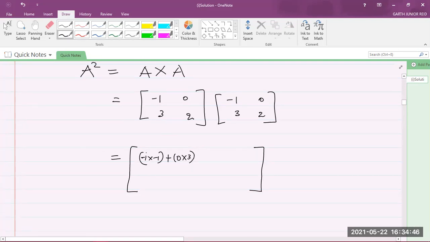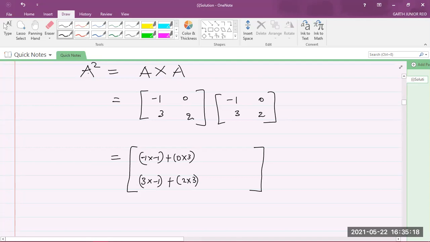All right, good. Now I'm going to multiply the second row by the first column. All right, which means that my entry will be right here. So just calculate that. So when I multiply now, I will get 3 multiplied by a -1 plus 2 multiplied by 3. Okay, good.